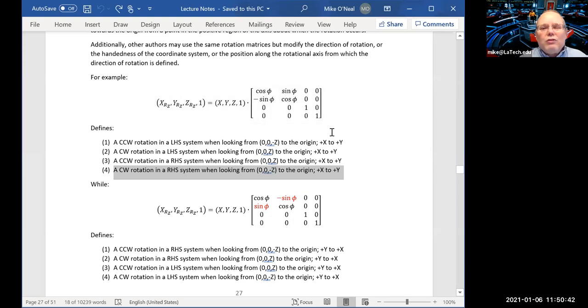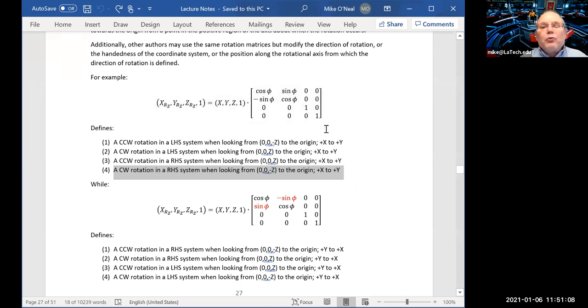This matrix will rotate in z, moving points from plus x to plus y. Does that make sense? And why am I straining over all this? Because you might read four different things in the literature, and they're just four different ways of saying the same thing, okay?